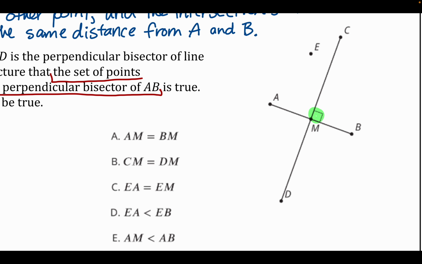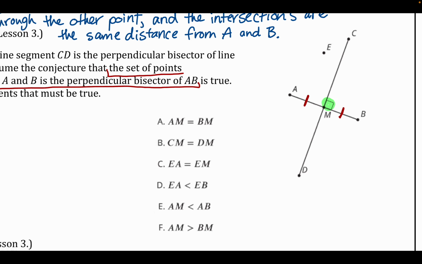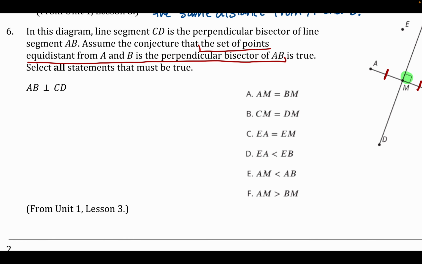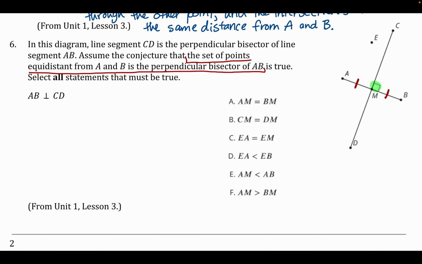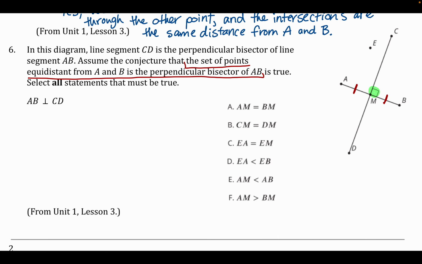But they also said it's a bisector, so I'm going to include that AM and BM should be the same length by using those markings. Okay. Oh, and look at that. AM equals BM is actually our first option. So conveniently enough, this one must be true. If that conjecture is true, right? Then M would be that midpoint and they would be congruent.